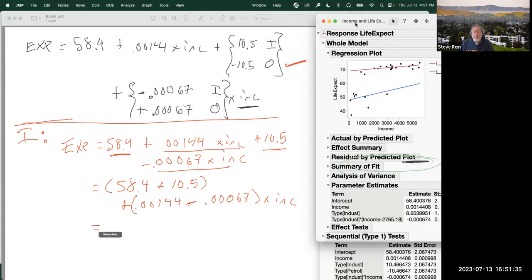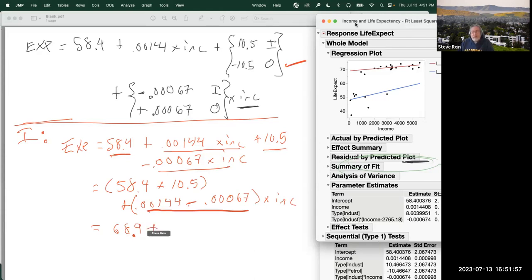And this is where I maybe need a little bit of algebra help or calculator help from one of you. I don't do that so well in my head. I can only approximate that. The intercept I can get, because that's 68.9.